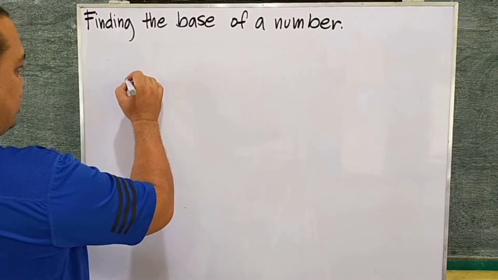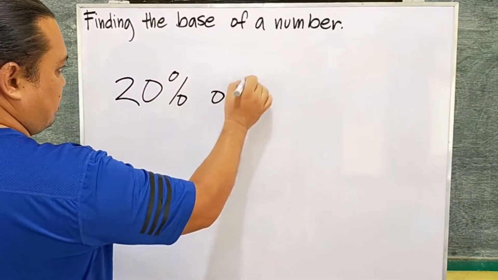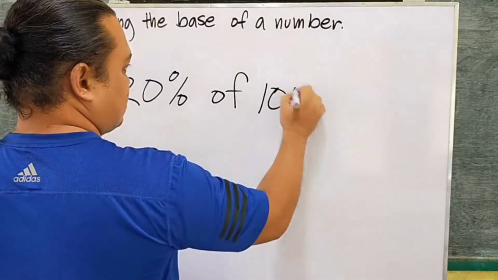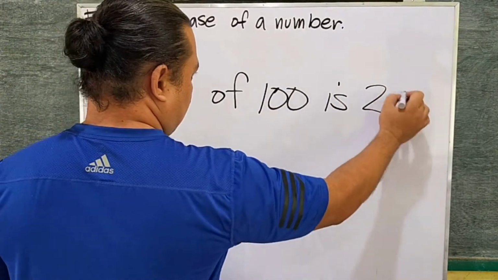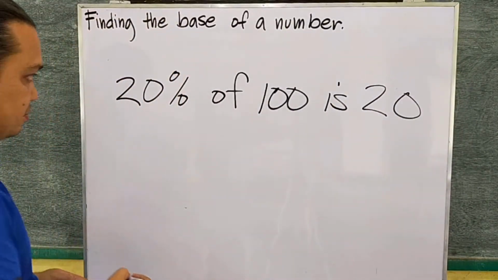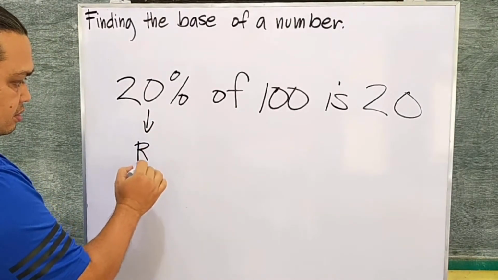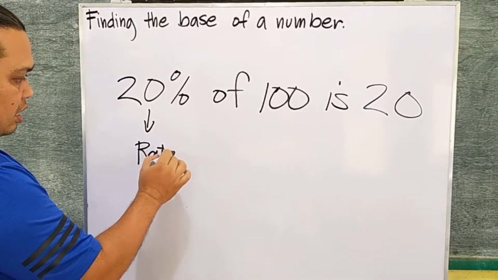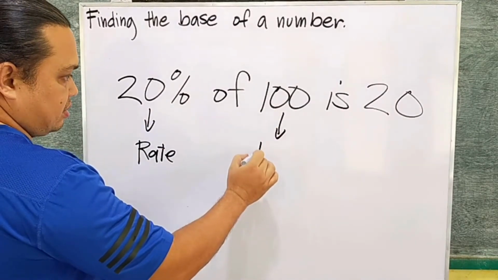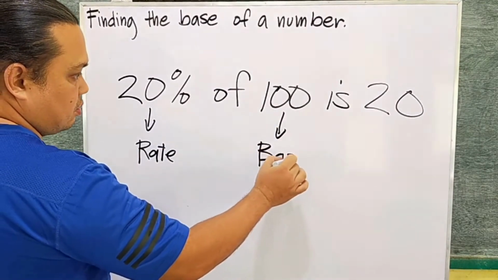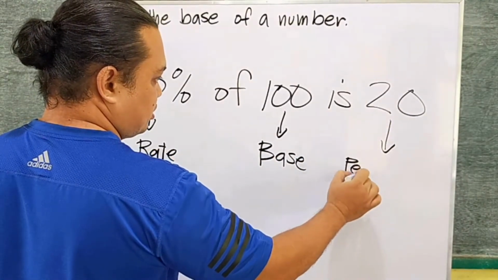For example, 20% of 100 is 20. Now in our example here, 20% is the rate, 100 is our base, while 20 is our percentage.